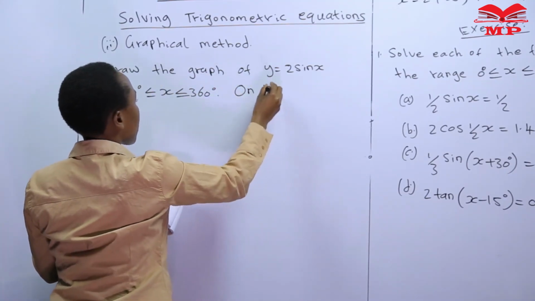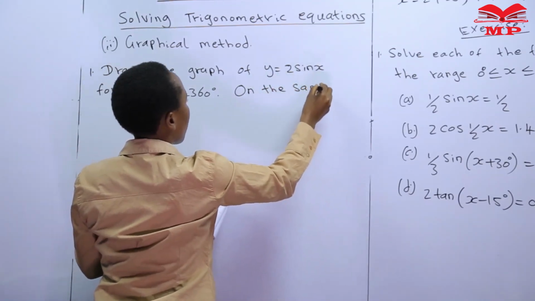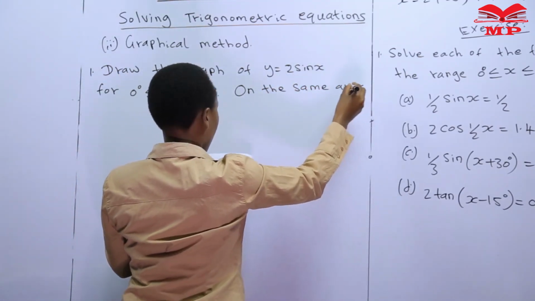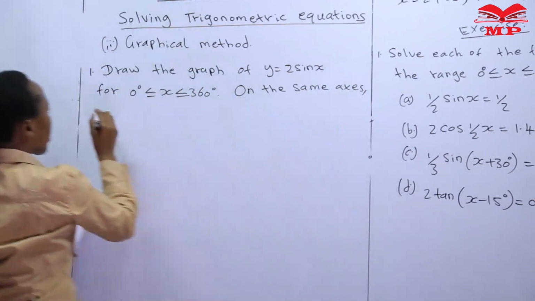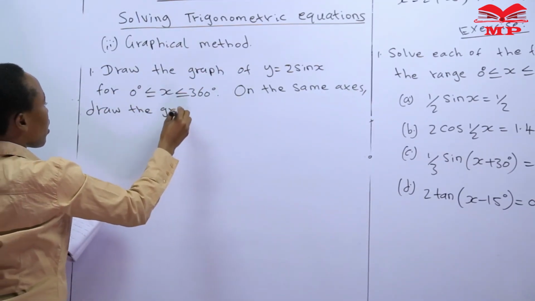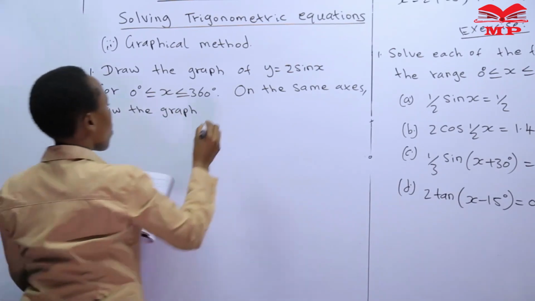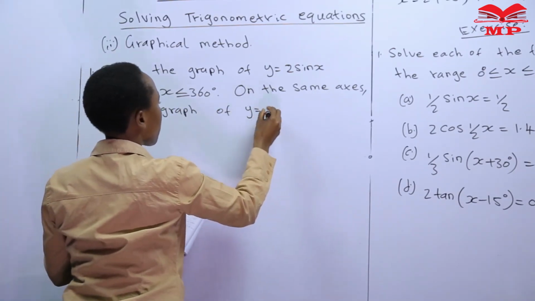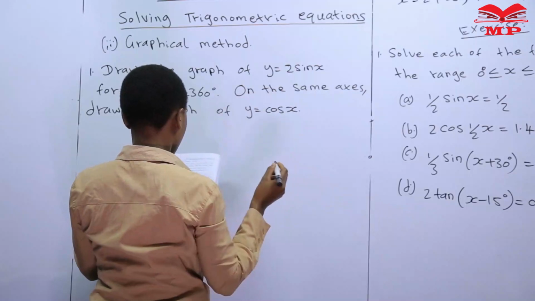Then on the same axis, draw the graph of y is equal to cos x.